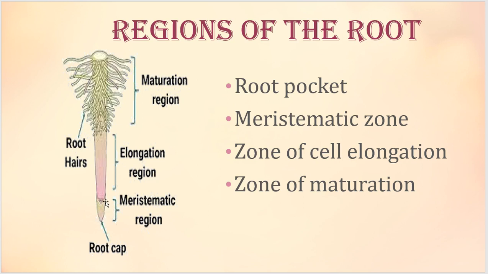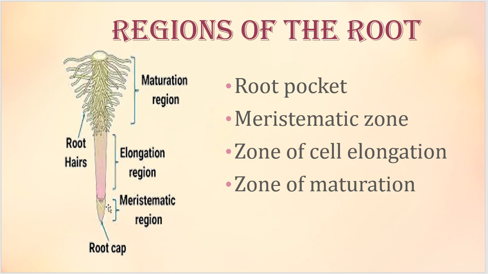The inner meristematic zone is the real active cell division zone. As it is so tender and very important for the growth of the root, it has to be protected, and that protection is given by the root cap region. Because of the presence of the root cap, this soft, tender root can penetrate deep down into the soil.